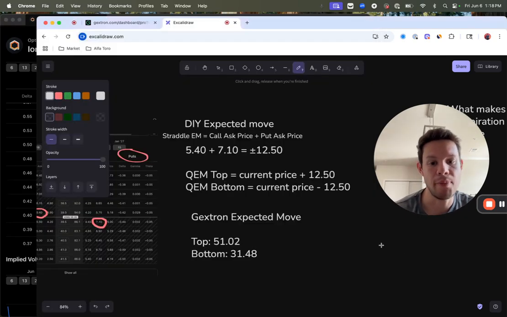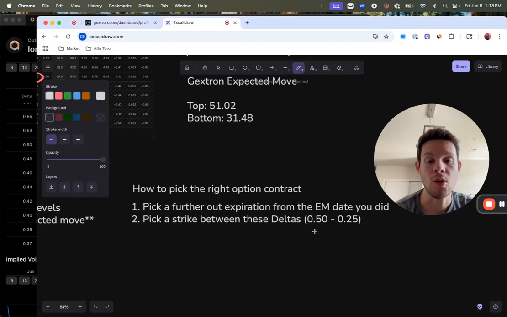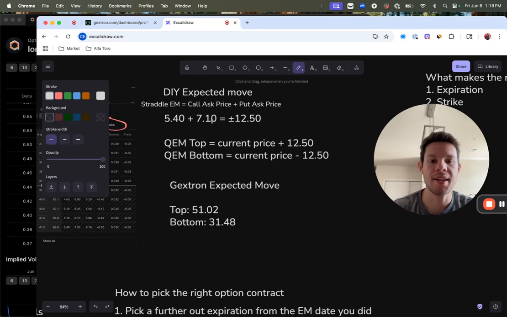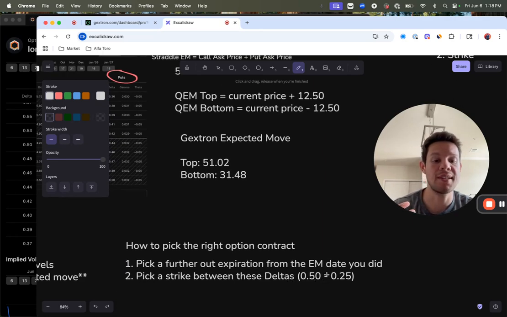That's what makes the perfect option contract, the one that's going to give you the highest probability of being profitable. So pick a little bit further out expiration date, pick a strike that's within the range, and that is preferably somewhere between these deltas. And then you've got a really good option contract with a high probability of winning.